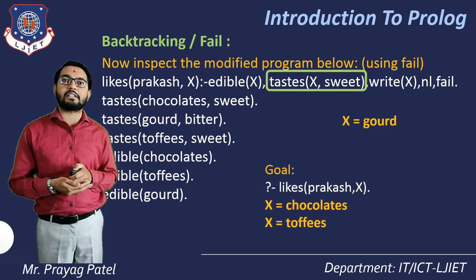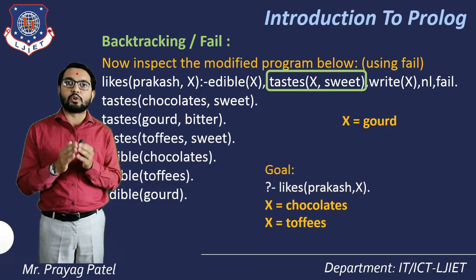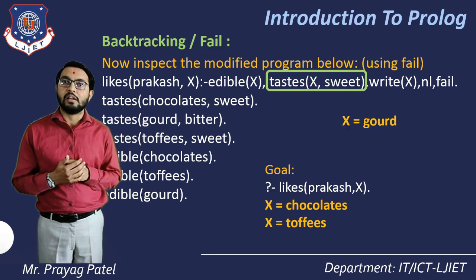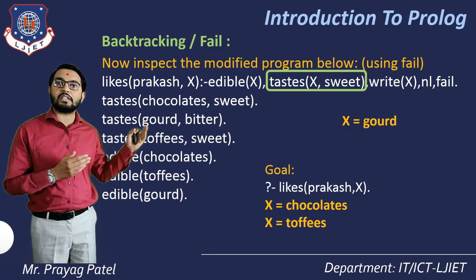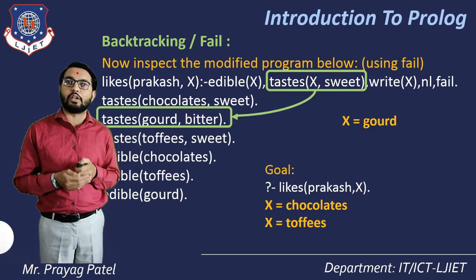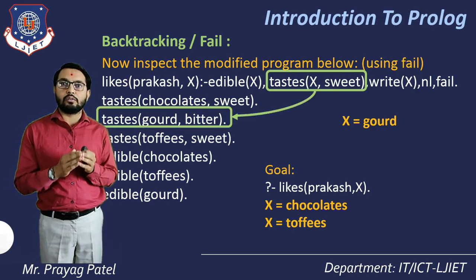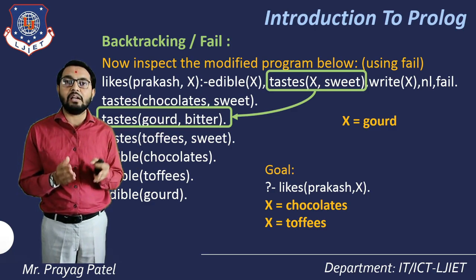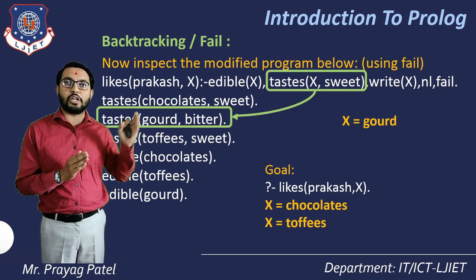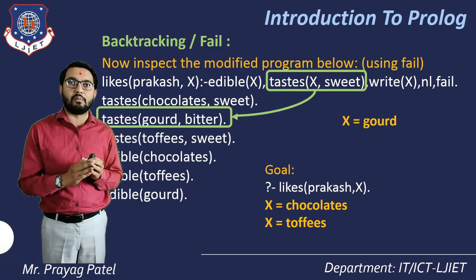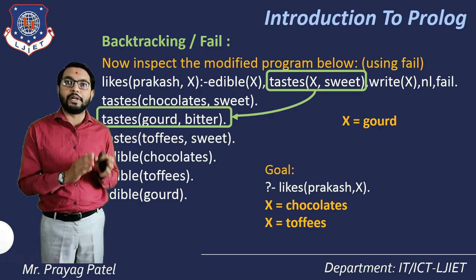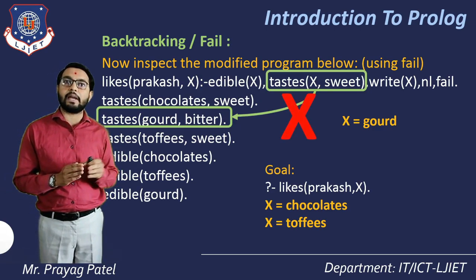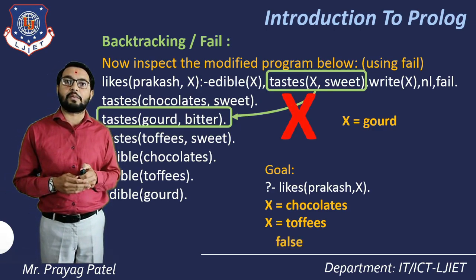For taste x sweet, we consider x equal to goat. Goat taste sweet is our requirement. So check the taste command. The taste statement for goat is goat taste bitter. Here sweet and bitter conflict, so this statement does not match. X taste is sweet, but goat taste is bitter, not sweet. That's why we can say that this is not satisfied. So stop the process for that.